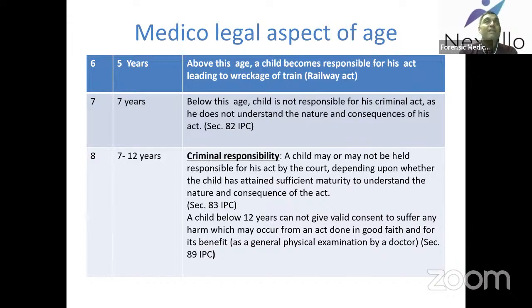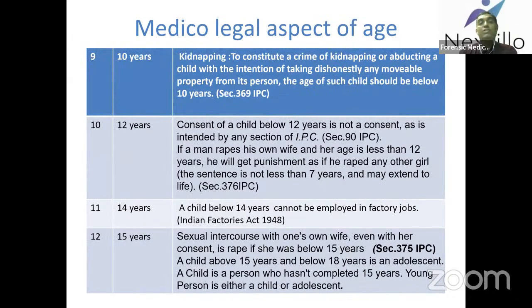Below the age of 12 years, a child cannot give valid consent. And the child may or may not be held responsible for his act by the court, depending upon whether the child has attained sufficient maturity to understand the nature and consequences of the act. Another important age group is the 10 years age group.